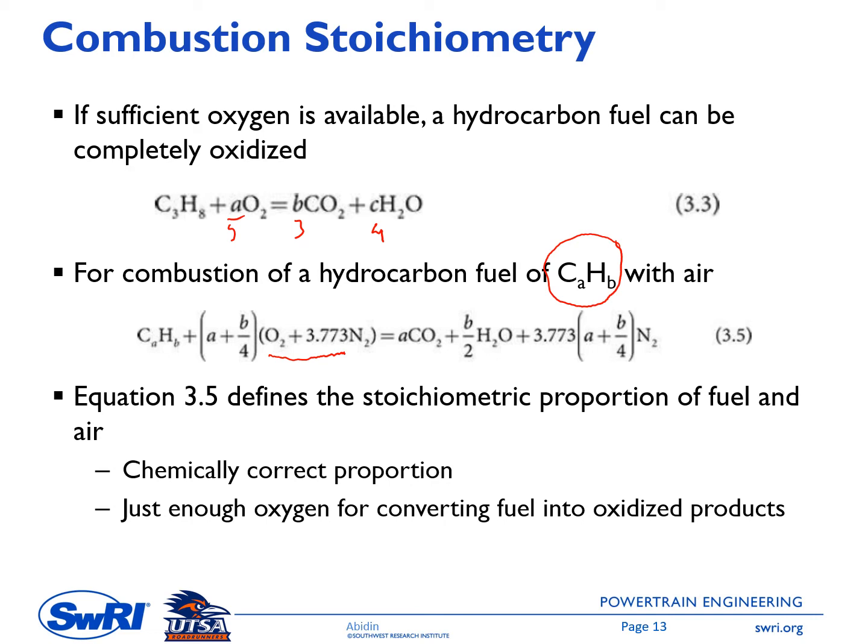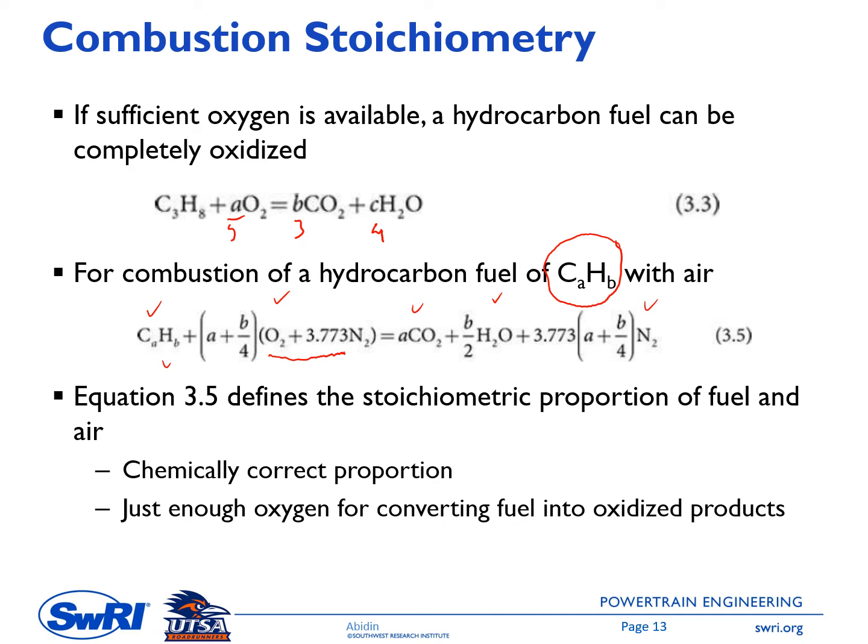So we have fuel reacting with air, and then the products on the right side we have CO2, and then we have water vapor, and then we have nitrogen here. Okay, by doing the same thing, you can get the values of A, B, and so on if we know the composition formula of the fuel.